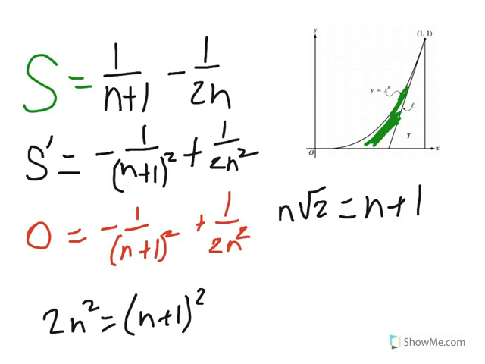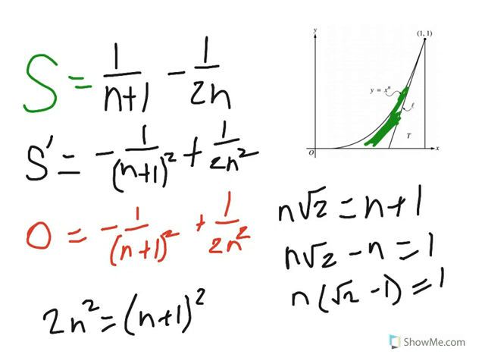And then we're going to solve for n. What we get is n square root of 2 minus n equals 1. Factor out an n, and we get n times (the square root of 2 minus 1) equals 1.